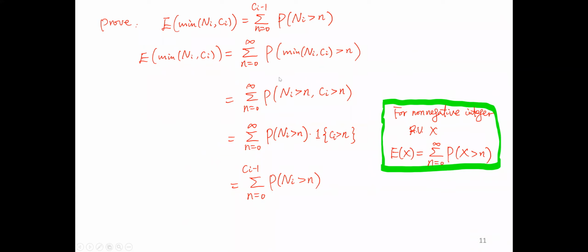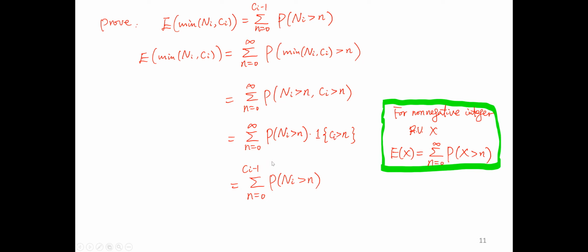Using this result, we know this minimum is a summation, n goes to infinity, of probability that the minimum is greater than n. If you separate them, if the minimum is greater than n, then every one of them has to be greater than n, right? And then you can separate them, because Ci greater than n is 1 only when n goes from 0 to Ci minus 1.